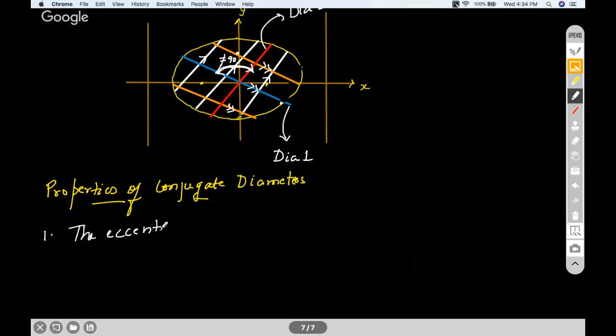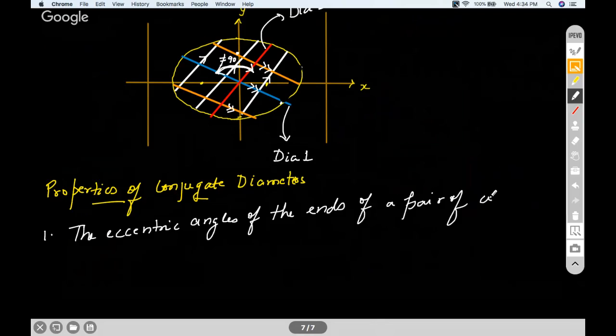The eccentric angle of the ends of a pair of conjugate diameters in an ellipse differ by a right angle, differ by 90 degrees.